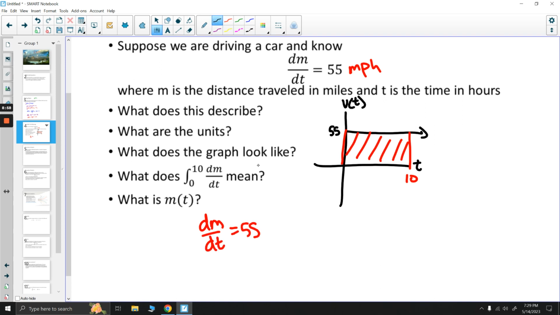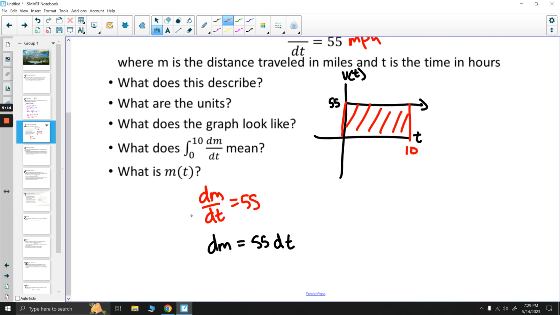If we were to integrate this, what we're going to do is integrate by moving this dt over. We'd have dm is equal to 55 dt, and we'd integrate it on both sides. The integral of 1 dm would be m. The integral of 55 dt would be 55t plus some c.